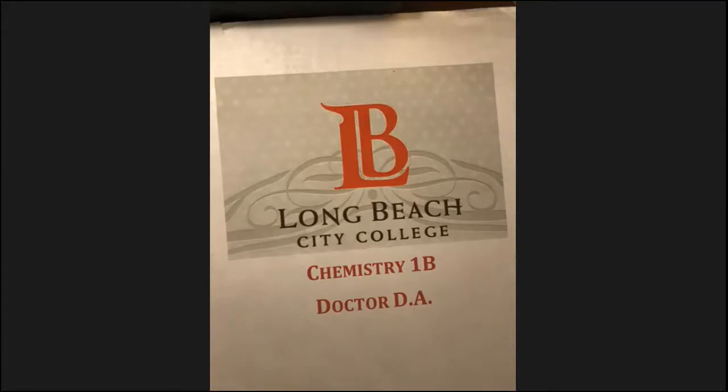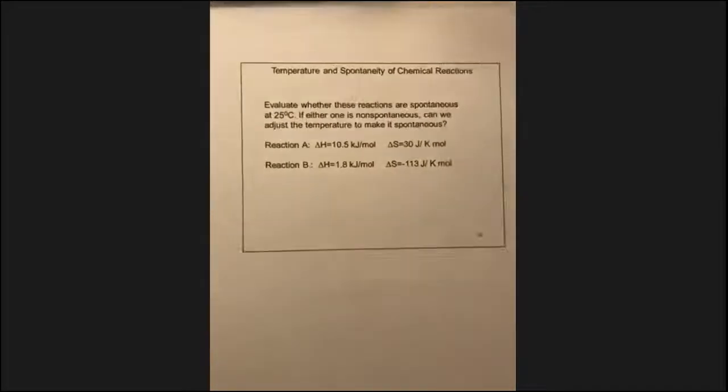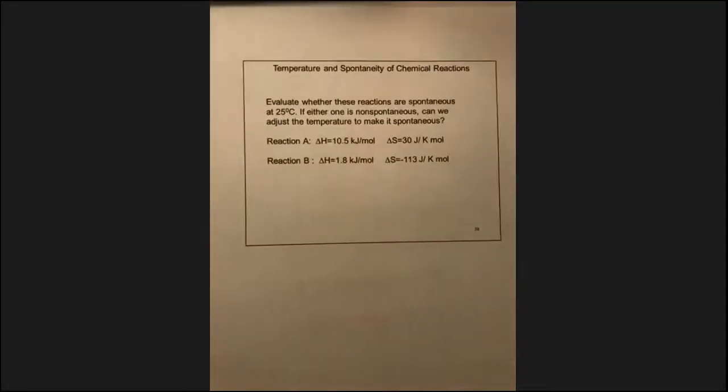So let's put in that slide that I just showed. It's this guy. Let's see if I can zoom in a little bit. There we go. So here are two reactions. They don't tell us what the reactions are. They just tell us what the thermodynamic values are.